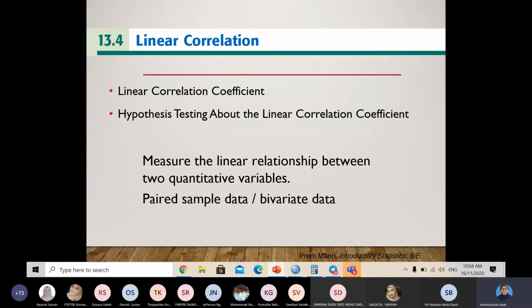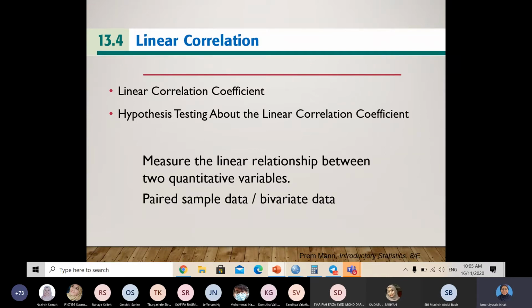But the difference from regression is that regression can predict or estimate one variable from another, while in correlation we just look at the closeness of two variables, the relationship between them.